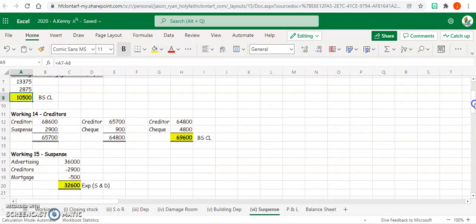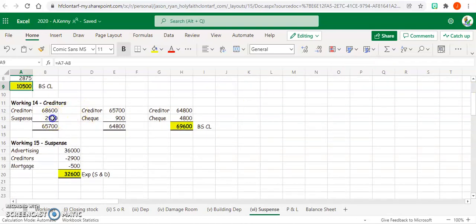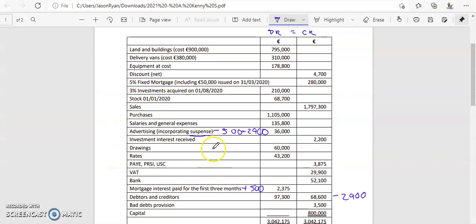And then for the payment for the creditors, we need to take away 2,900 from the creditors because we paid an extra 2,900. And then we need to adjust the expense. This time it's going to be advertising. It's kind of easy if you put the minuses on the trial balance. It'll help you to know whether it's a minus or a plus, looking at whether the debits or credits are the same or not. And that's your suspense adjustment completed.